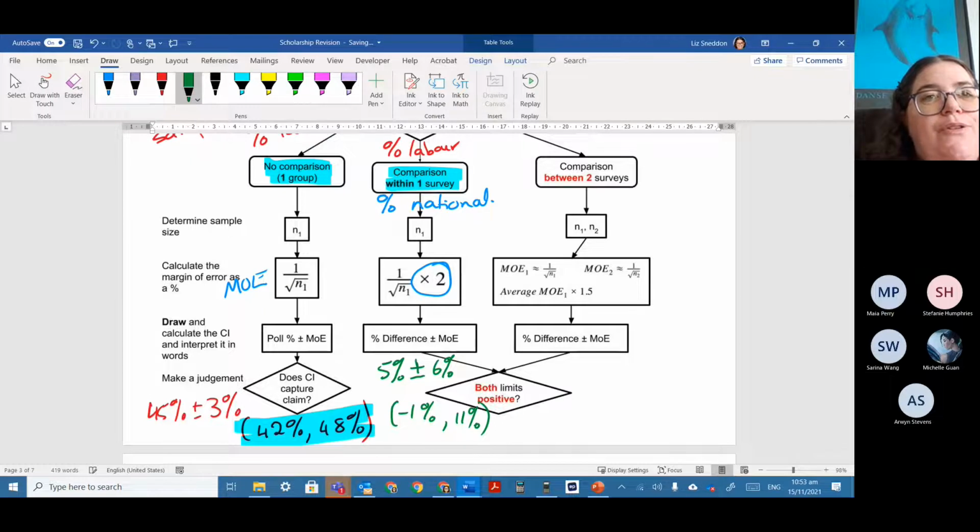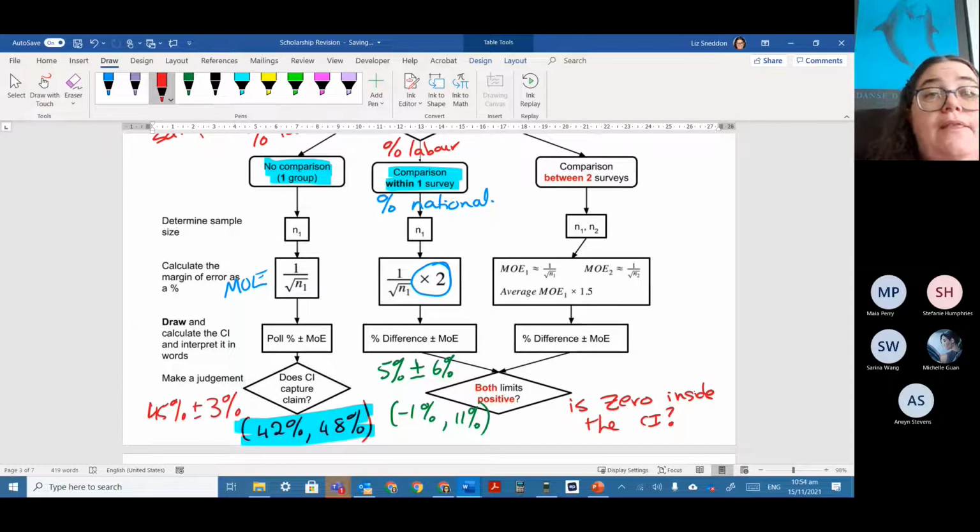So when we get to these confidence intervals, when we're comparing, a little reminder that we are looking at whether 0 is inside the confidence interval. Okay, when I say both limits are positive, we're saying is 0 inside. In this case, 0 is inside.